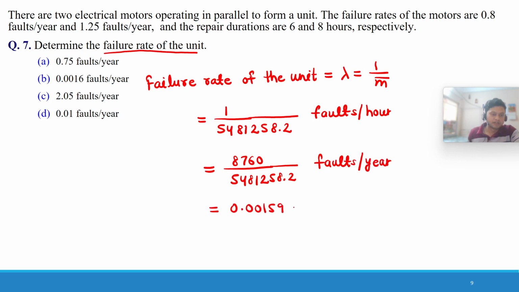0.00159, so approximately equal to 0.0016 faults per year.